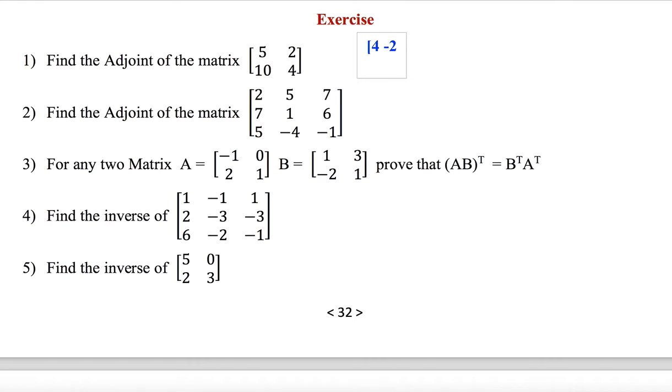For 2, it is minus 10. So minus 10 here. For 4, it is 5. What I did is already the transpose, you need not transpose it again. Minus 10 will appear here, minus 2 will appear here. We just transposed it, right? So this is the adjoint matrix. We got the adjoint matrix.